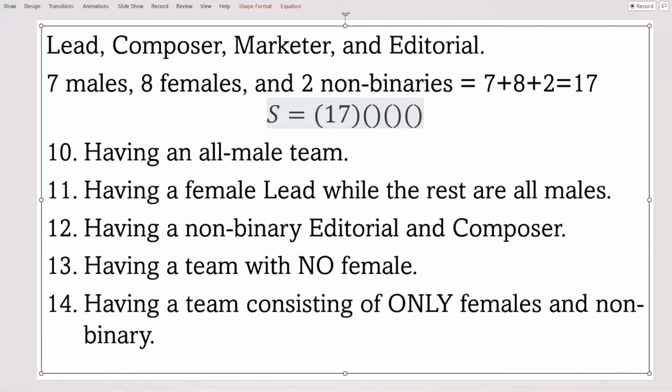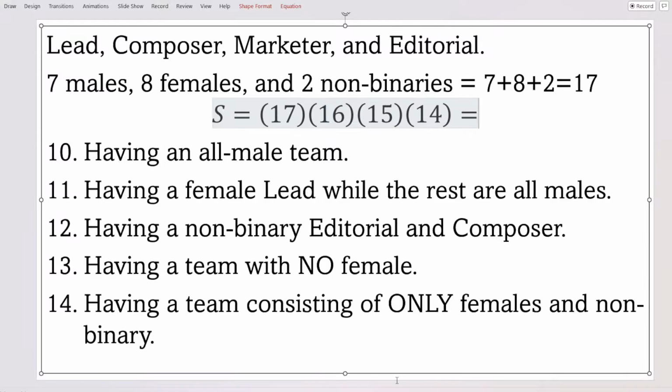For the composer, of course, the one we selected for the leader cannot be selected again here. So the 17 choices will now become 16 because the other one is already selected for the leader. And then the third one is 15. The fourth one is 14. Okay, because again, you assign each member to the positions, meaning you are getting a decreasing number of candidates per position.